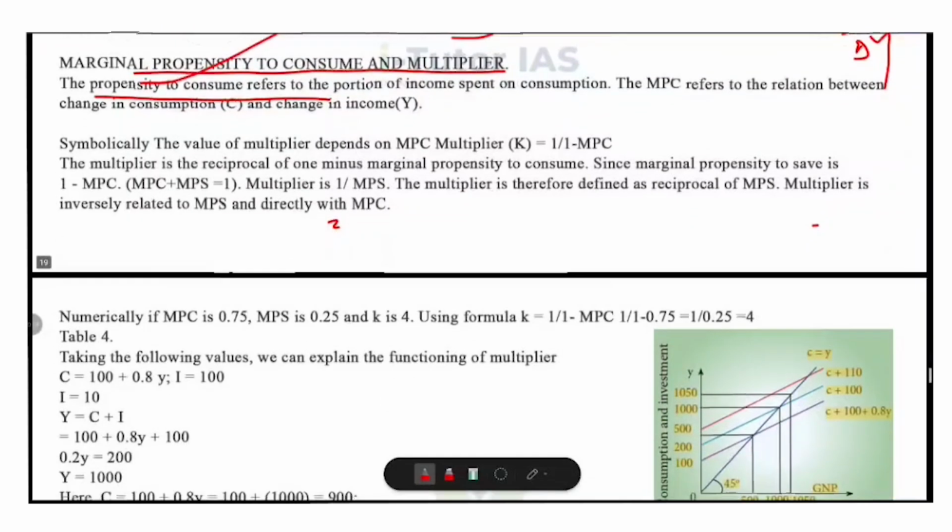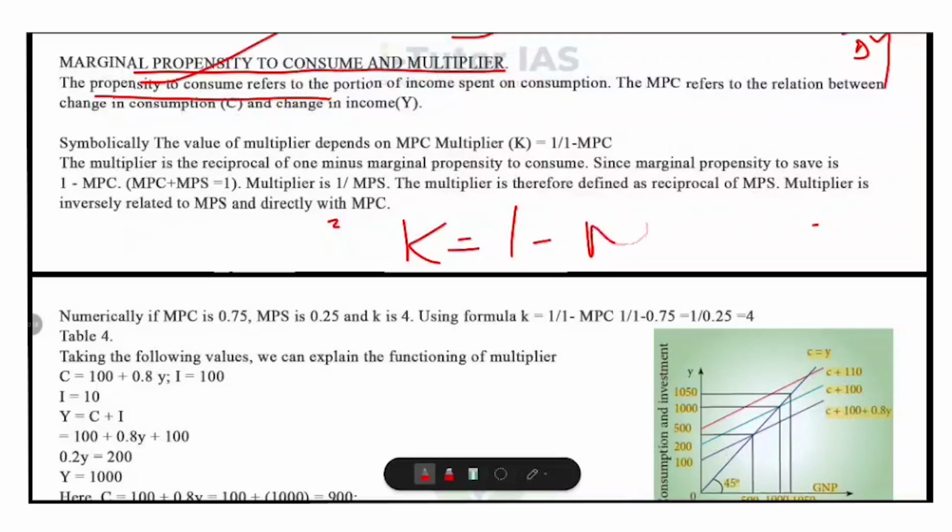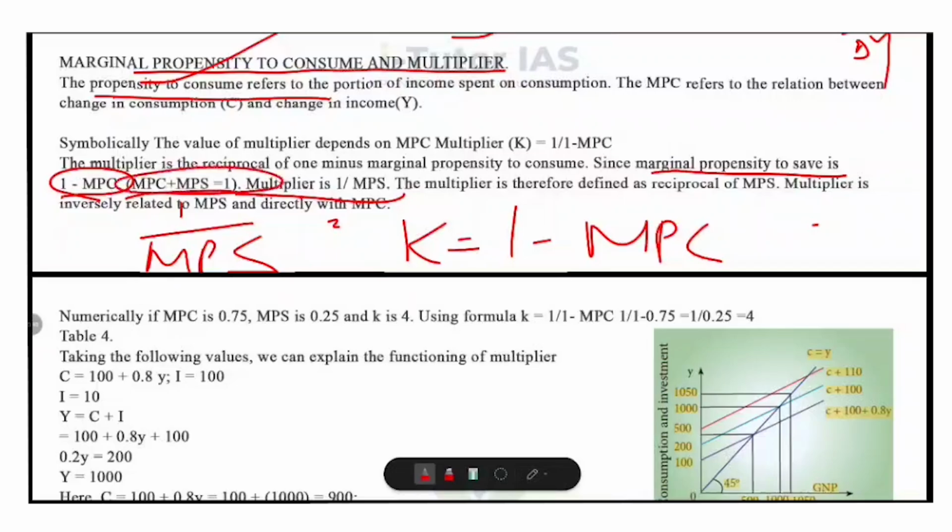That is, K is equal to 1 by 1 minus MPC. Since marginal propensity to save is 1 minus MPC, MPC plus MPS is equal to 1, and therefore MPS is equal to 1 minus MPC.